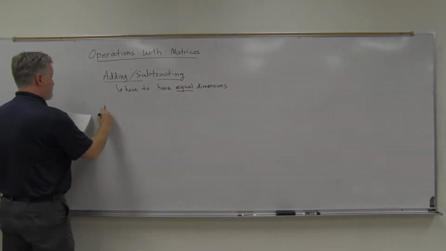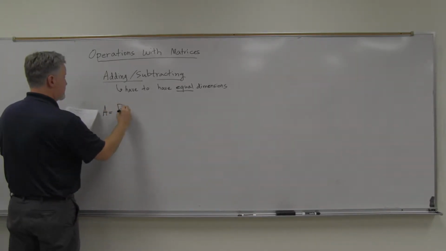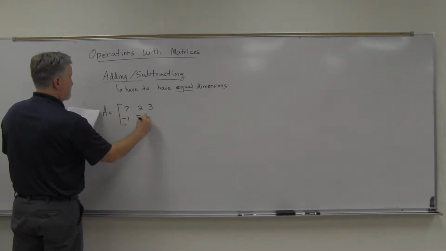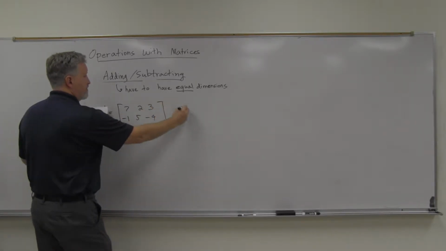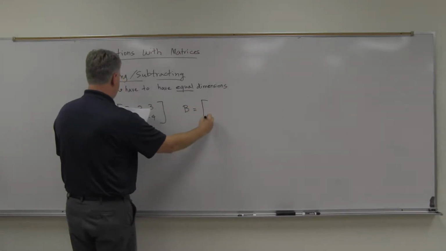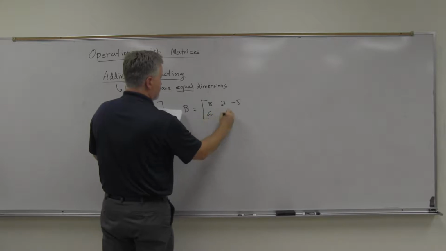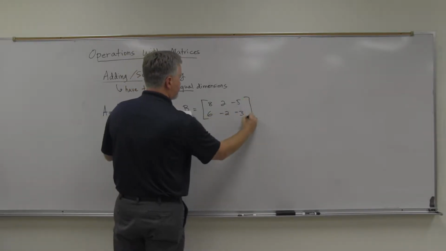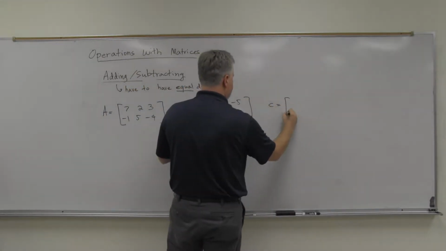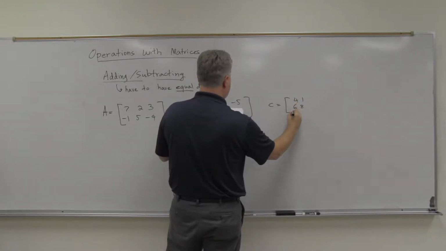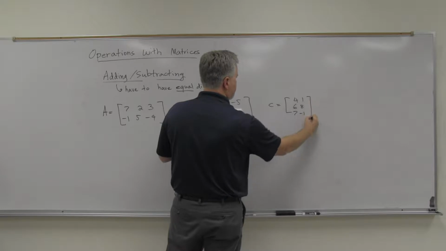For example, if I have A is 7, 2, 3, negative 1, 5, negative 4. B is 8, 2, negative 5, 6, negative 2, negative 3. And then C is 4, 1, 6, 8, and 7, negative 1.